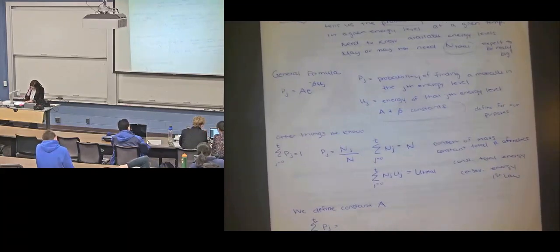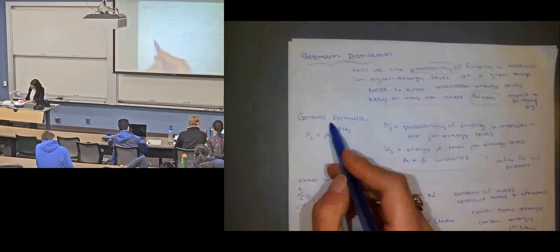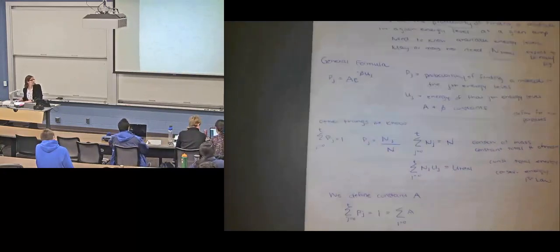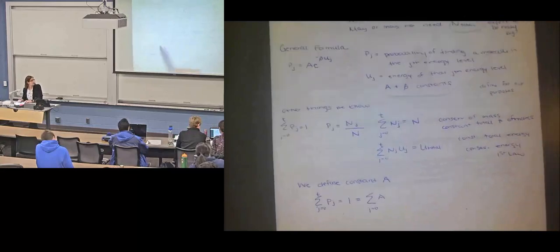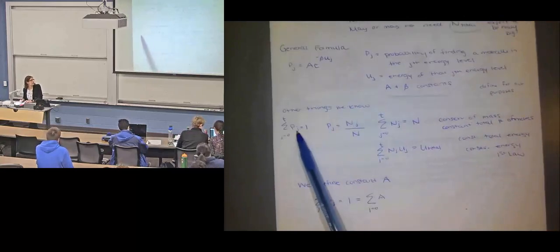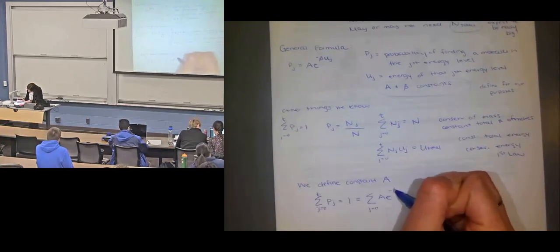The sum of the probabilities over all the levels has to be equal to 1, and this would be equal to the sum over all the levels of A e to the negative beta times u sub j. This is just being plugged in for this term here.